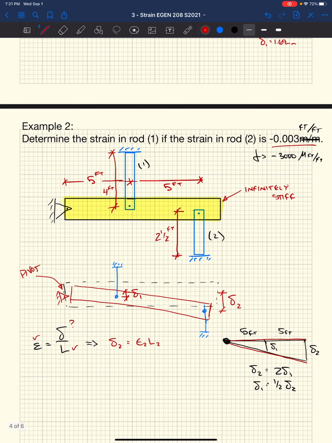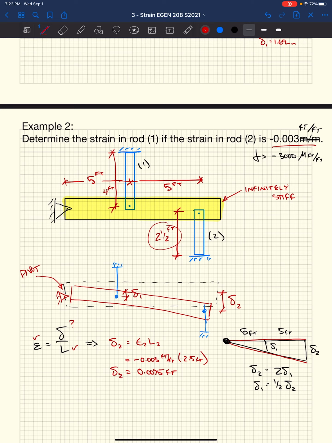What does that mean? Well, that means that we had a negative 0.003 feet per feet times 2.5 feet. That's our length of rod 2. What does that give us? Well, that's 0.0075 feet is delta 2.